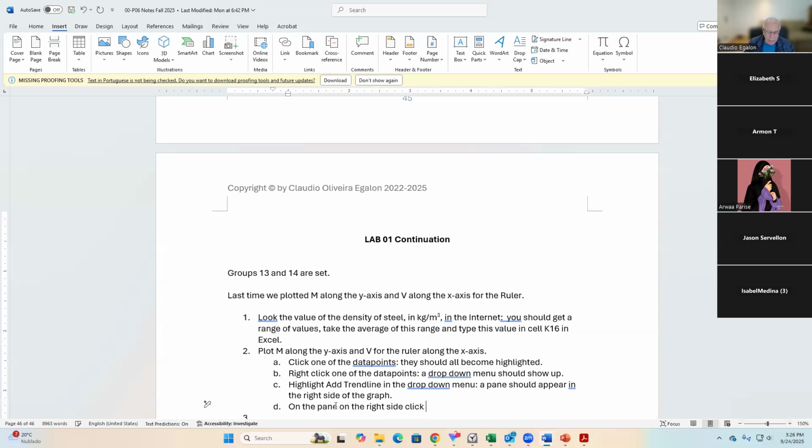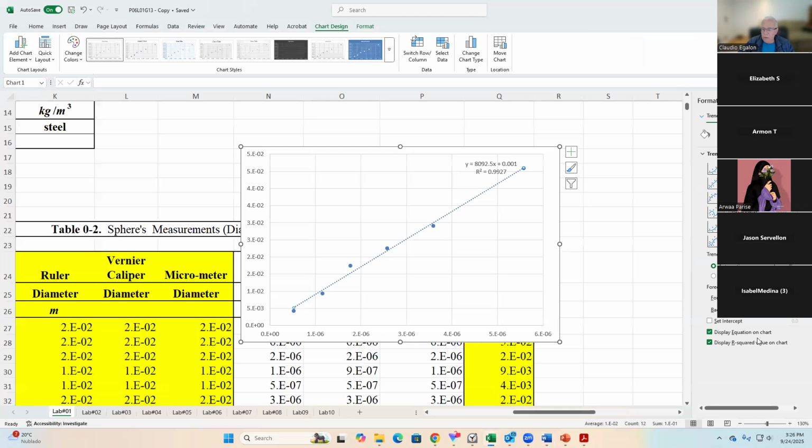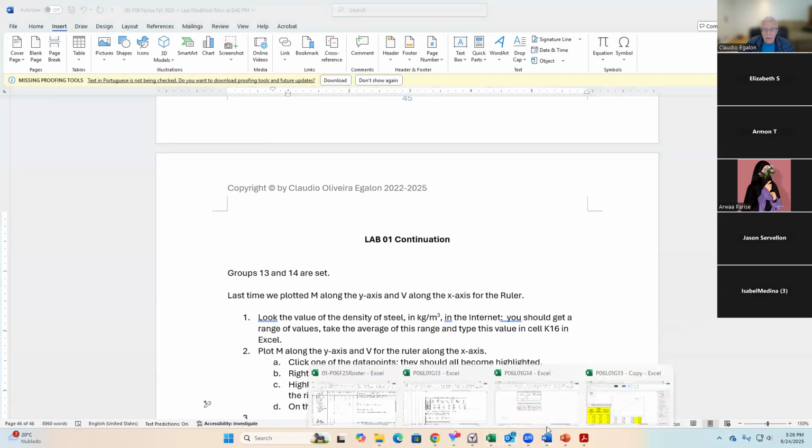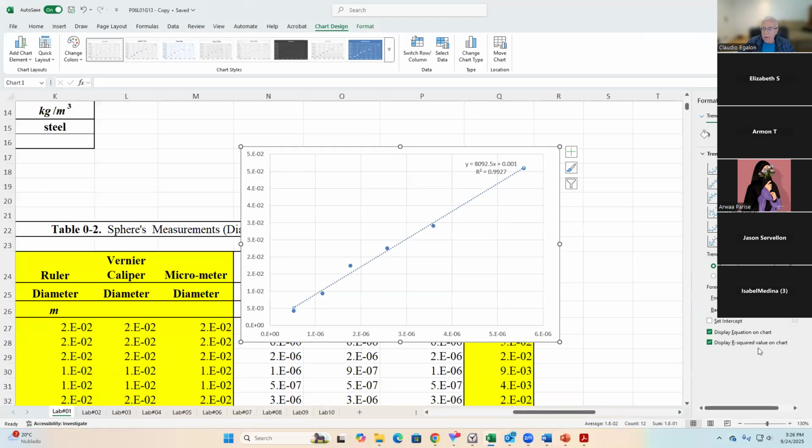Click display equation on the chart, right? Check the box on the right side. Check the box, display equation on chart, and the other box is display R² value on chart.